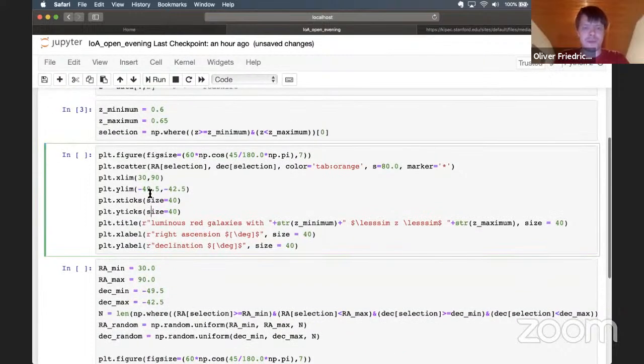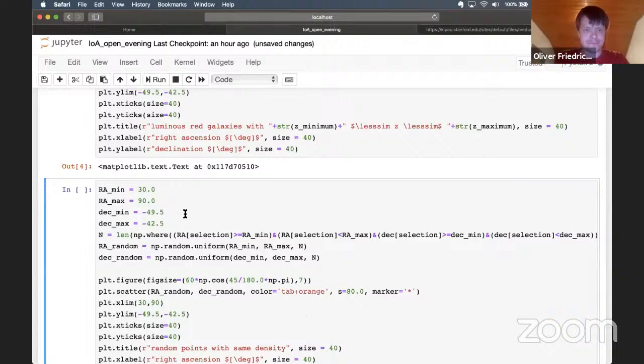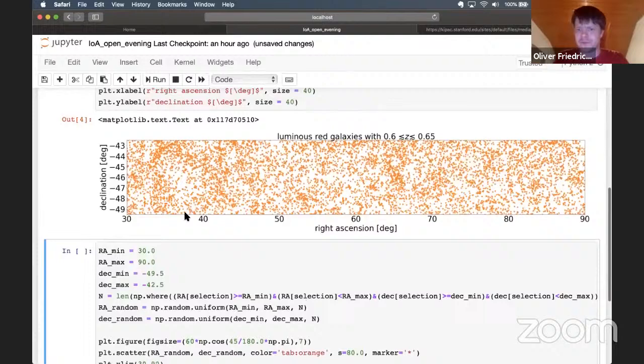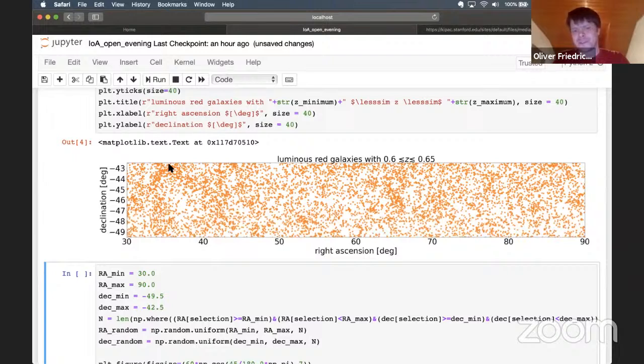And now we can just plot their positions on the sky. And let's do that. And this is what you get. This is now a map of this particular shell of the universe. And you can really see here already the kind of structures that I talked about in the beginning, right? You would see, for example, there's very strong overdensities where these galaxies are clustering quite strongly.